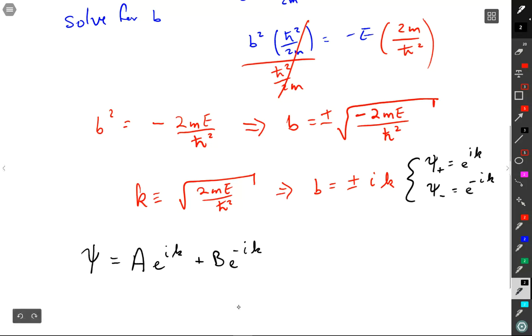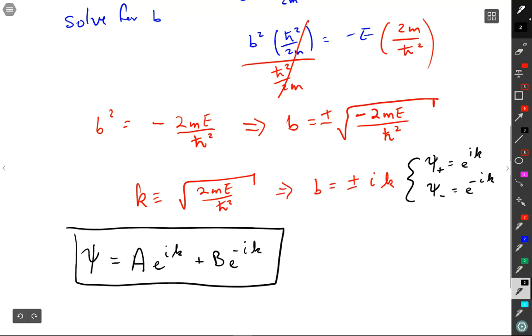Now this is a perfectly correct solution. We have some unknown parameters, but it's perfectly correct. In some cases, we leave it like that and we go on. In other cases, we use the Euler relation. Remember the Euler relation? I just wrote it on the preceding page.